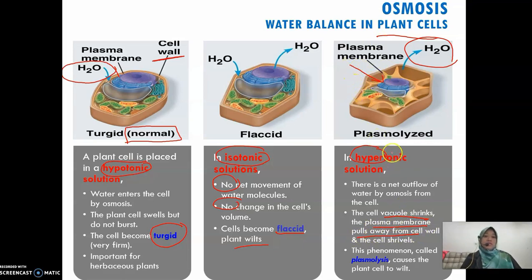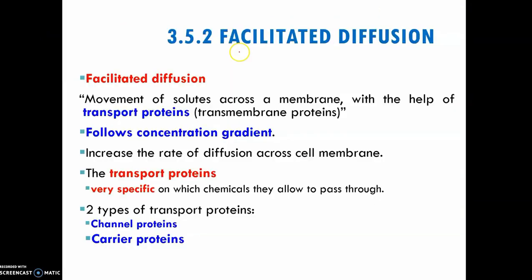Okay, so the cell is plasmolyzed. Alright, so the plant cell will also wilt. So normal shape of plant cell is turgid. So it always needs hypotonic solution.